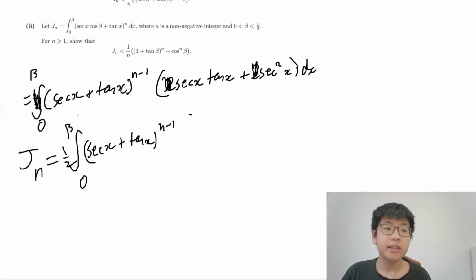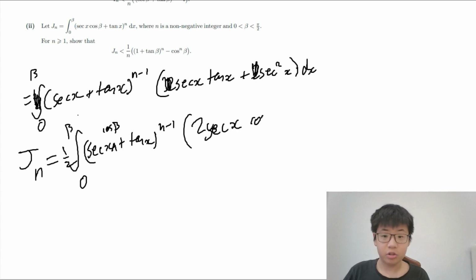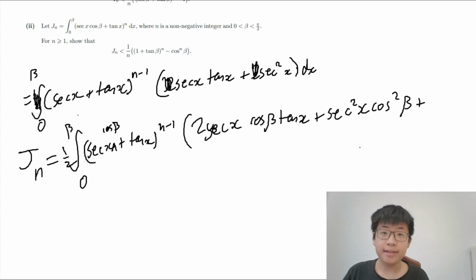And remember, the 2 sec squared x used to be tan squared x plus 1, and don't forget to put in the cosine beta. And now we will have 2 sec x cos beta tan x plus sec squared x cos squared beta plus tan squared x plus 1.